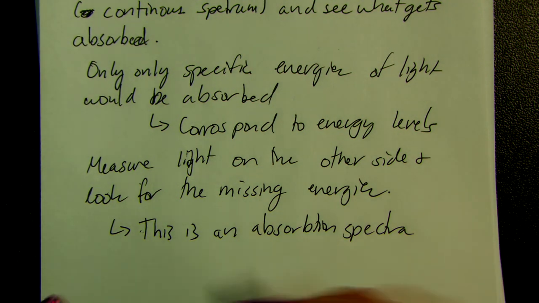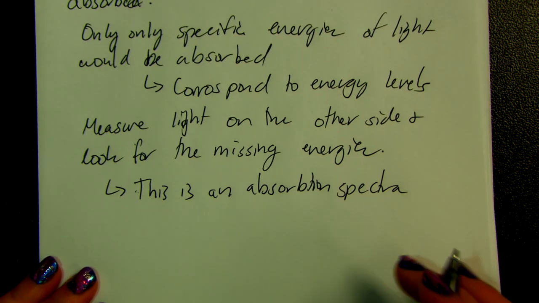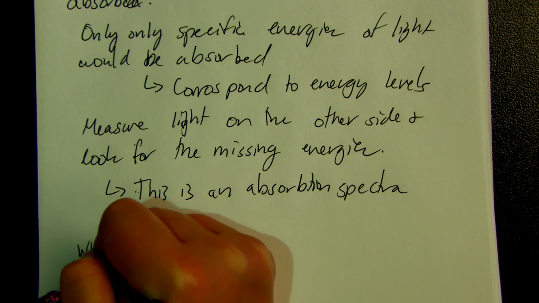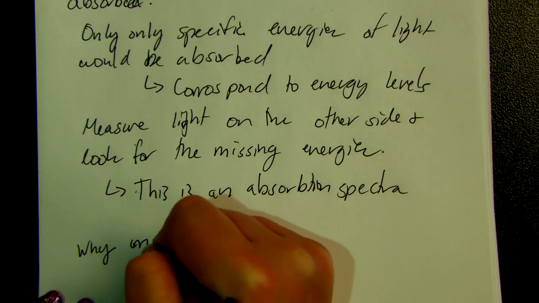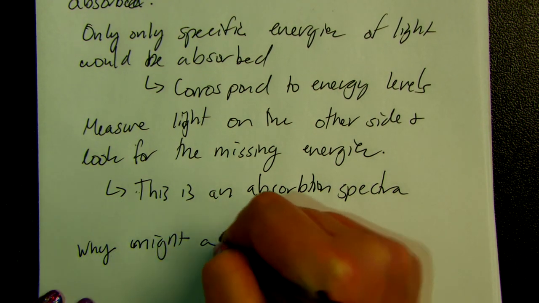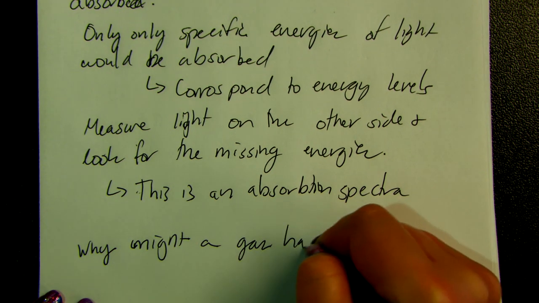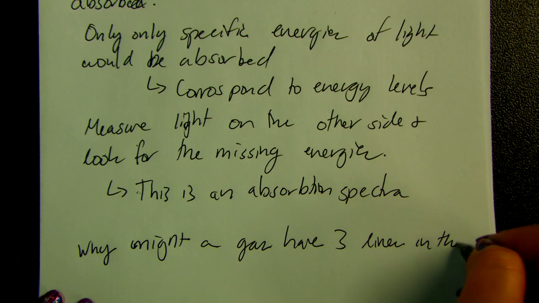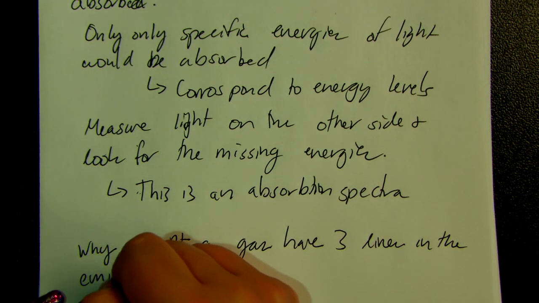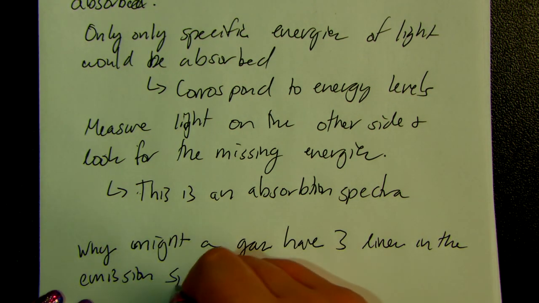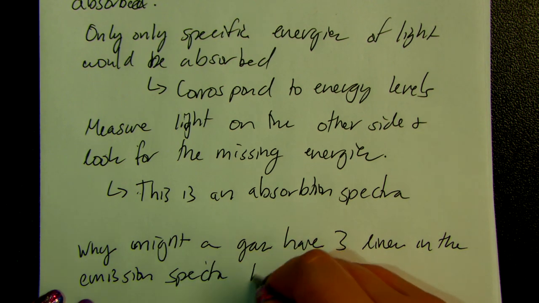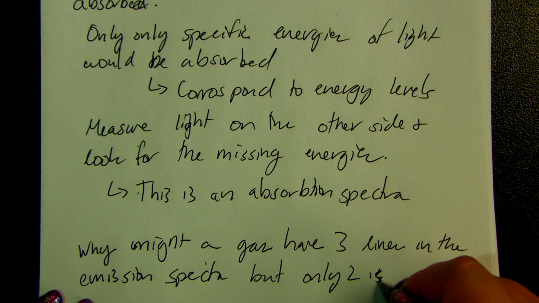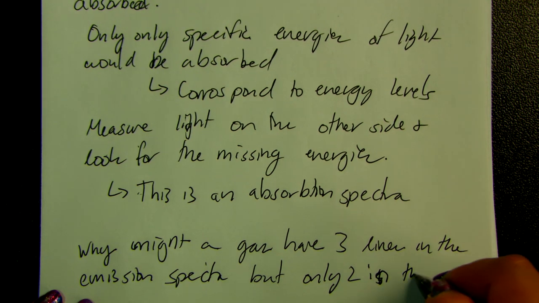So, thinking about looking at both emission and absorption spectra, why might a gas have 3 lines in the emission spectra but only 2 in the absorption?